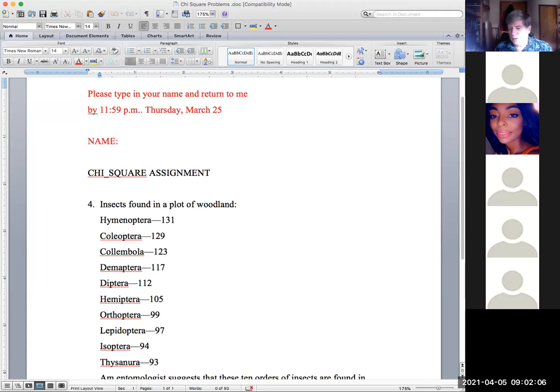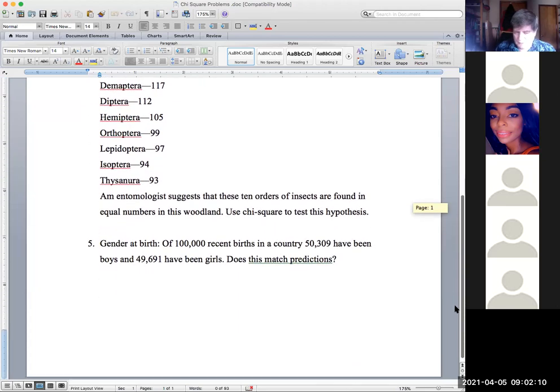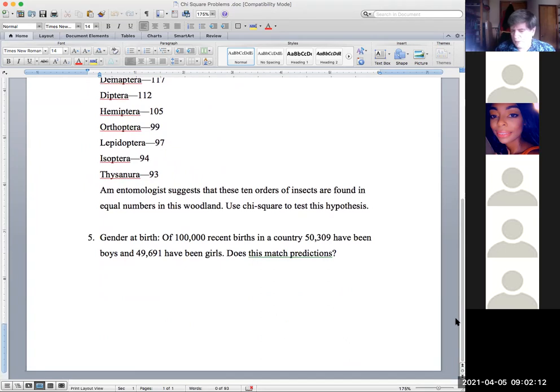Let's close all these other documents. Okay, now can you see the chi-square problems, hopefully? Yes. Yes, you can.